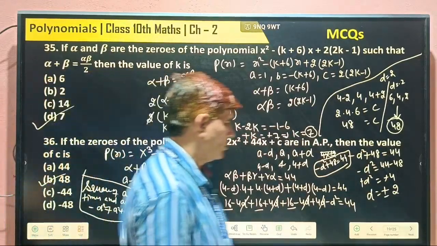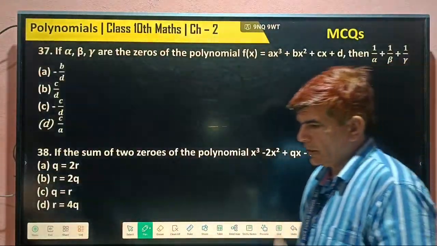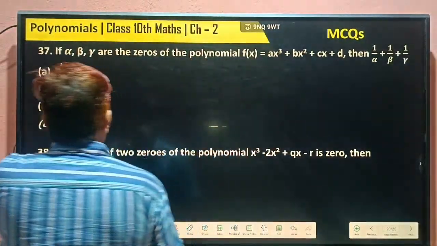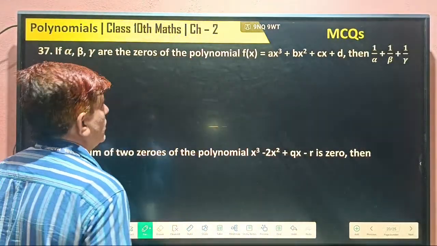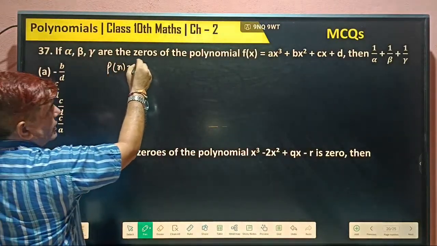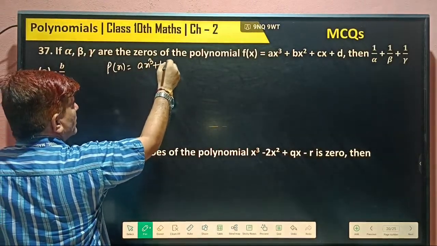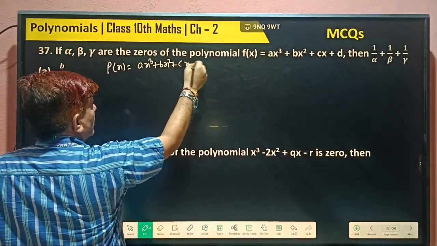It depends on you, but I told you. Question 37: alpha, beta and gamma are the zeros of the polynomial p(x), which is ax cube plus bx square plus cx plus d.